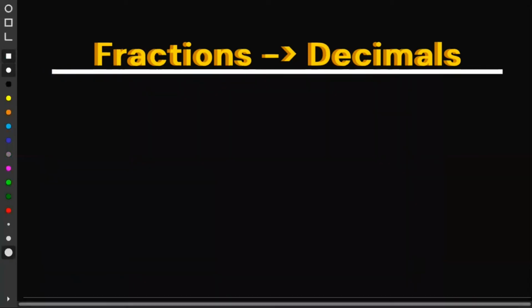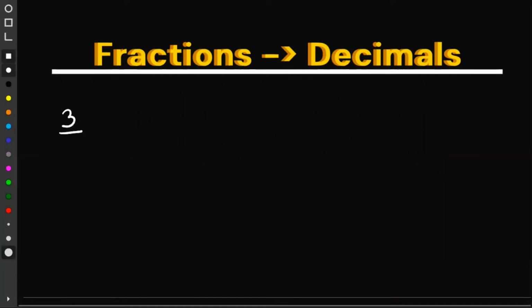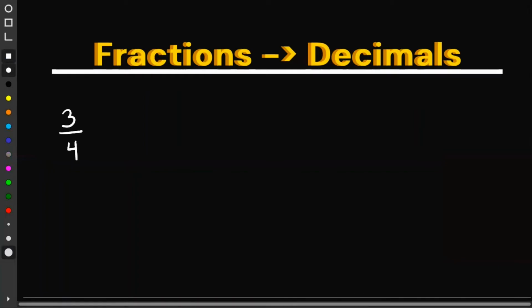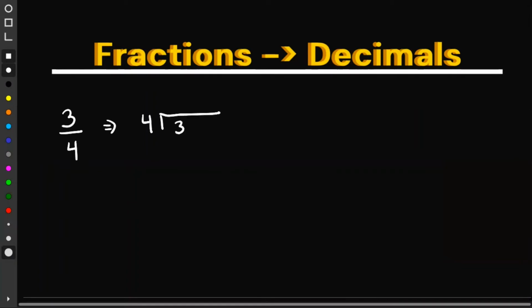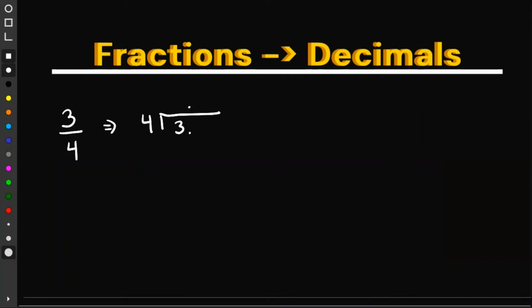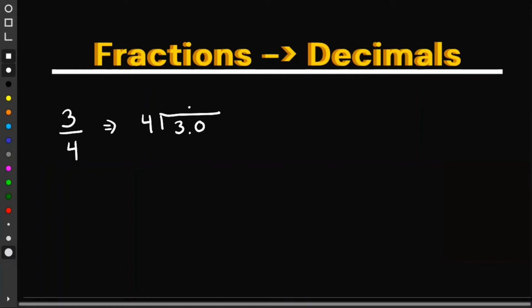So let's try another example. If we have 3 over 4, and assuming that we don't know how to convert 4 into 100, we will have 3 divided by 4. So adding the decimal point again, adding a 0.